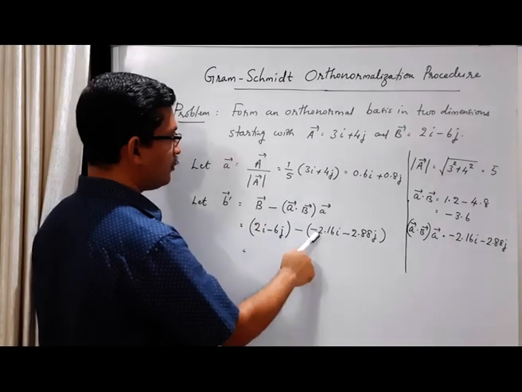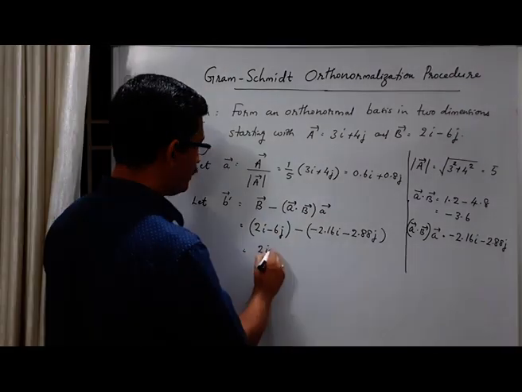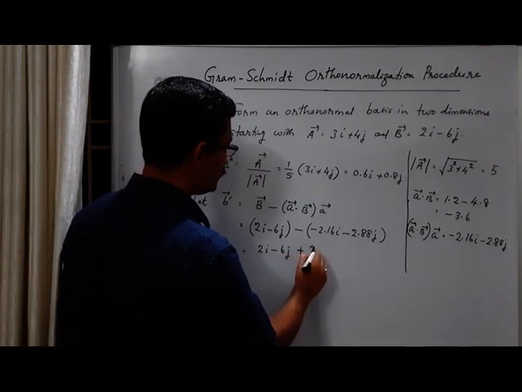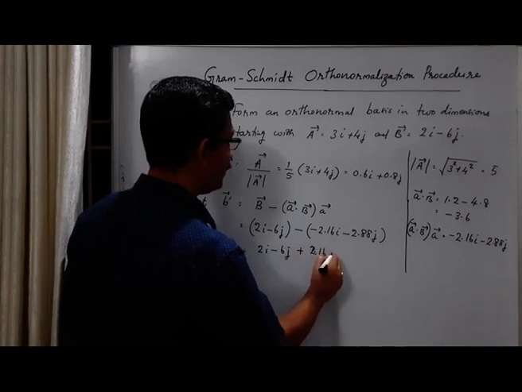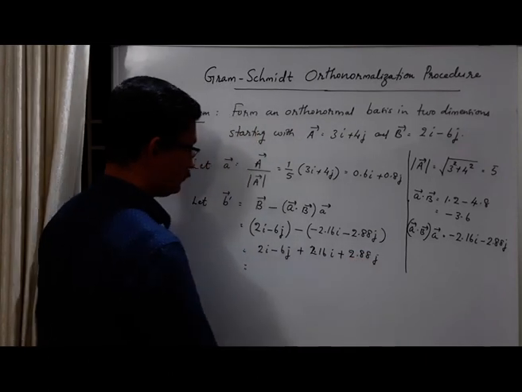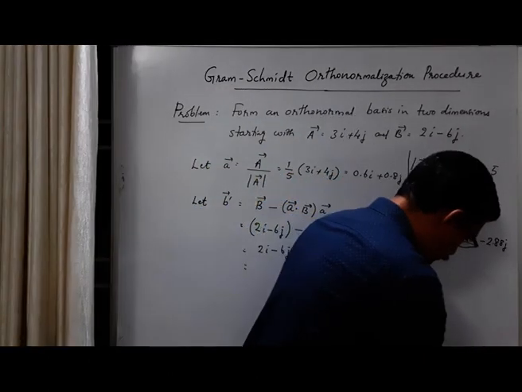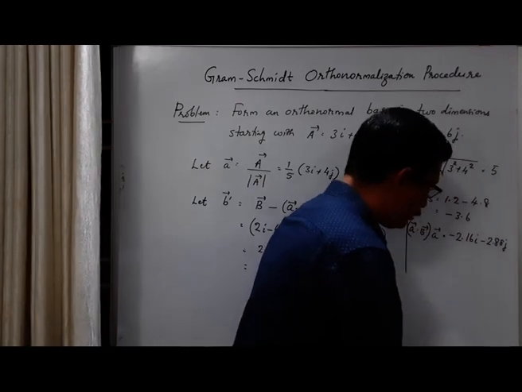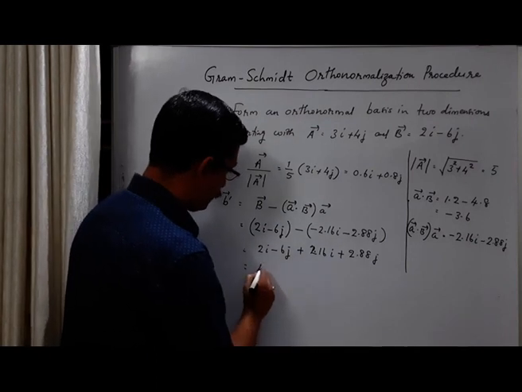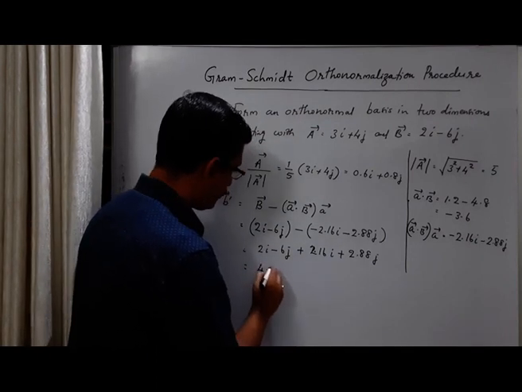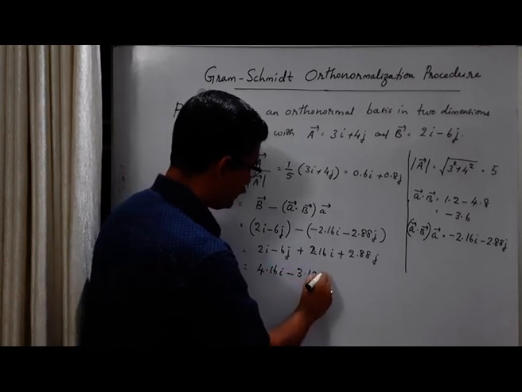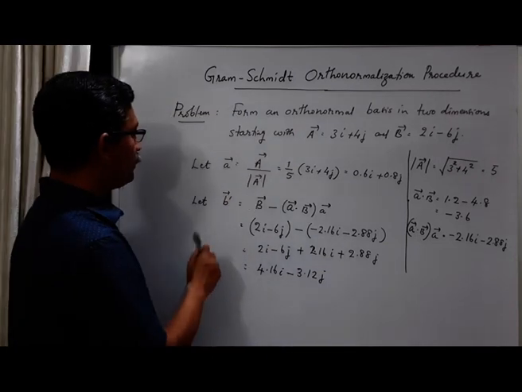Minus of minus will be plus, so we have 2i minus 6j plus 2.16i plus 2.88j, and the value is 4.16i minus 3.12j. So this is b prime.